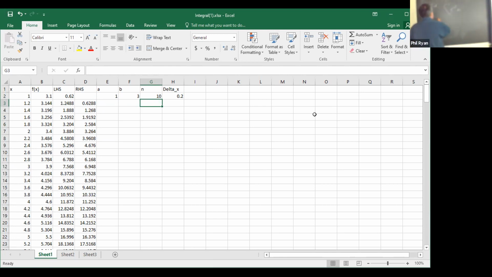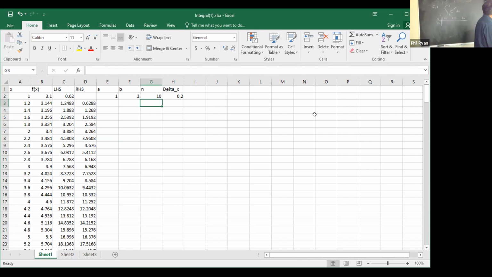Okay, so again, we'll do left-hand sum, right-hand sum, and average, with n being 10. So in this column here, we can put either n or delta x. It's got to be something which signifies what we're doing, either the number of rectangles or the width of the rectangles.